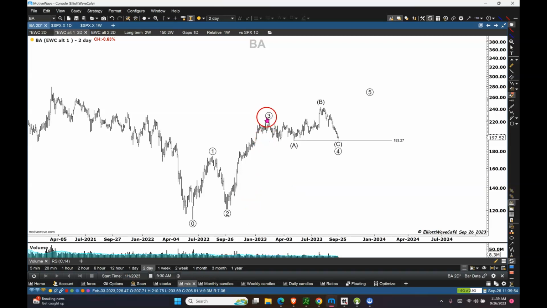Another thing that's interesting is look inside this wave and see how nice you have 1, 2, 1, 2, 3, 4, 5, 4, 5. You have a beautiful wave 3, which has got a couple of diagonals in here. You have one that's ending up right here. Sorry about that.